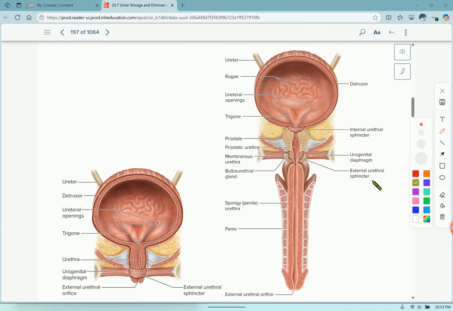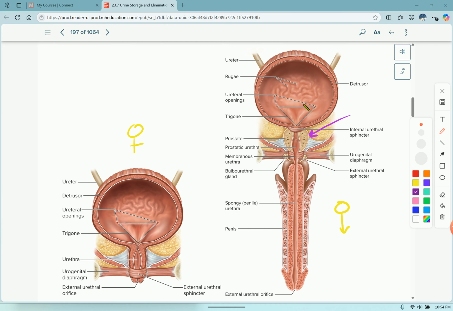Okay, so on this side is a male, and this is a female, and one thing in males is the prostate. Okay, so the urethra, which essentially is the pee tube, as urine is spilled and eventually goes to the external environment through the urethra, it does have to pass through the prostate.